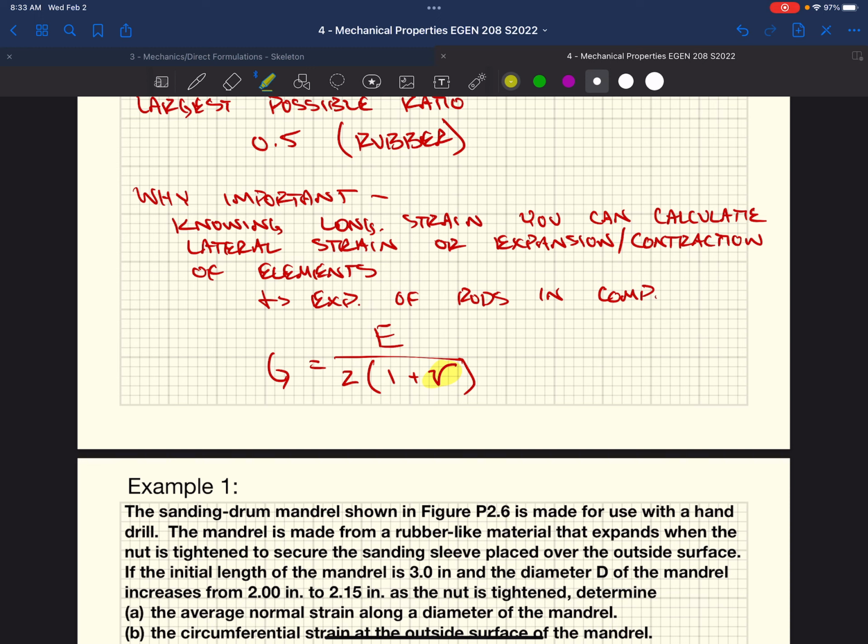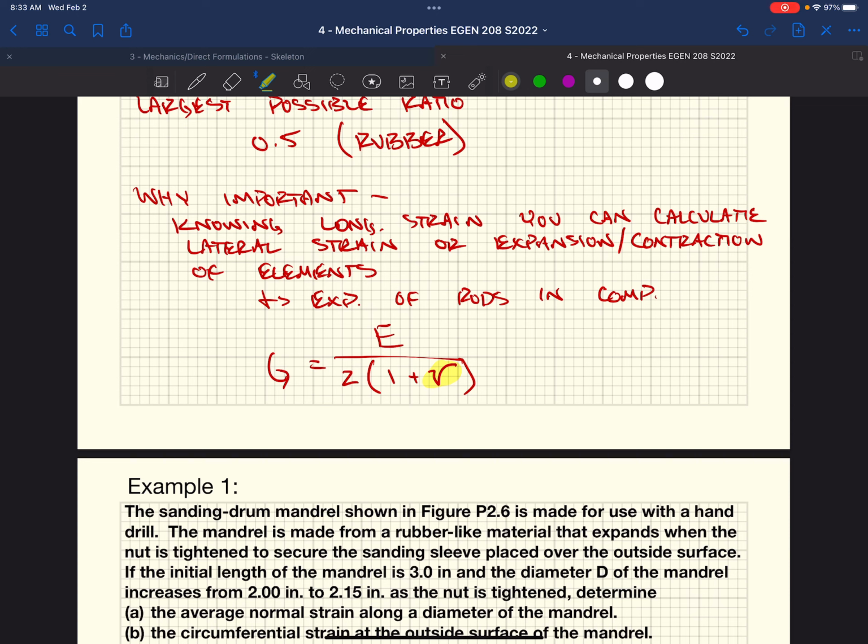Nu. So the shear modulus G is essentially our shear stiffness, right? Our Young's modulus, or elastic modulus, is the stiffness of our material loading it in the axial direction. If we push and pull on it like a spring, what's its stiffness?